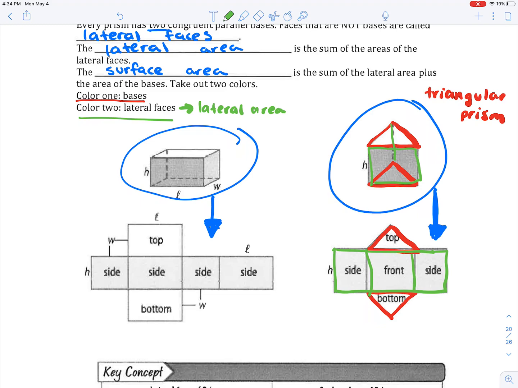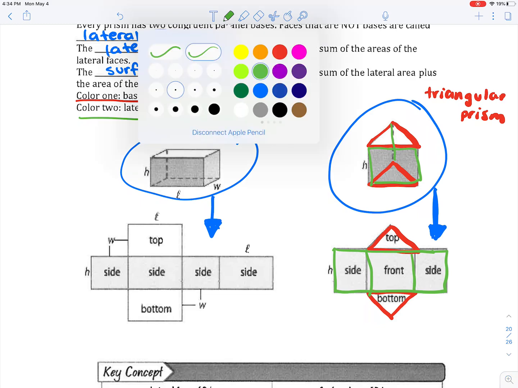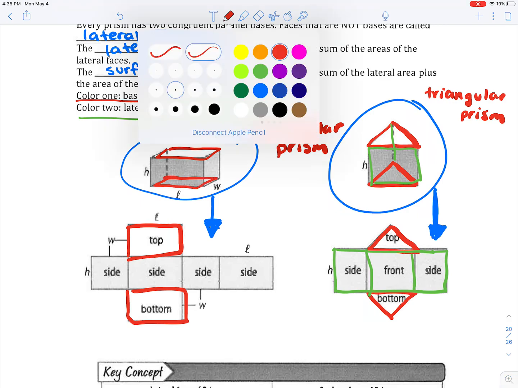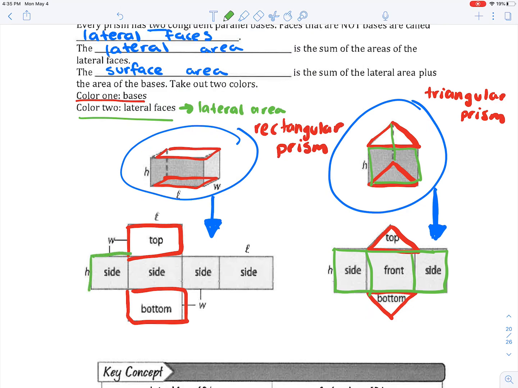Now let's look at the rectangular prism. The rectangular prism has two bases, here and here. It is a rectangular prism, so I know the bases are rectangles. My lateral faces are all the rest of these rectangles.